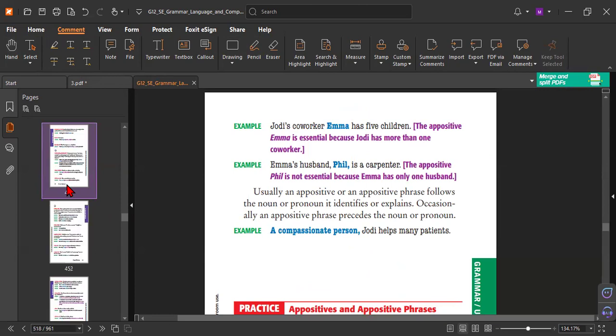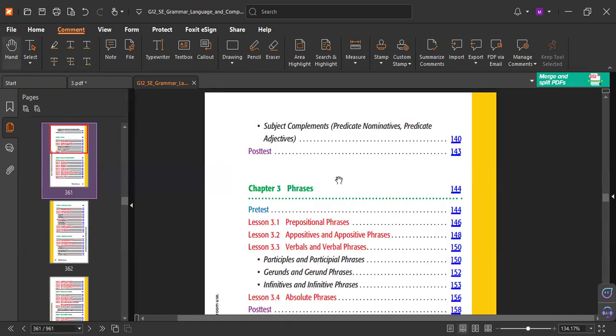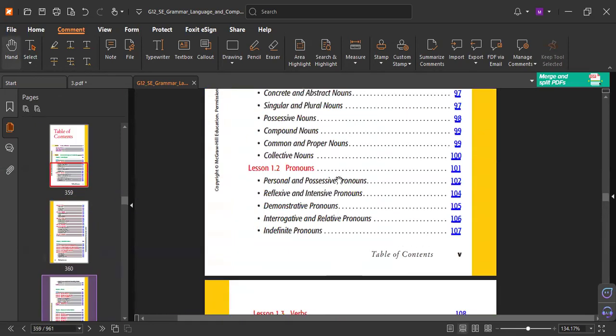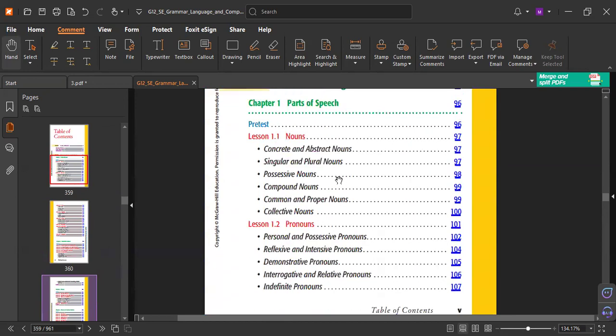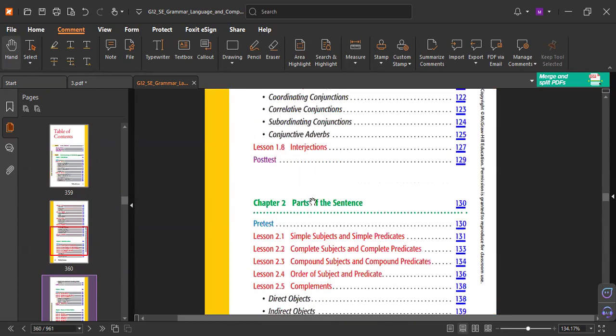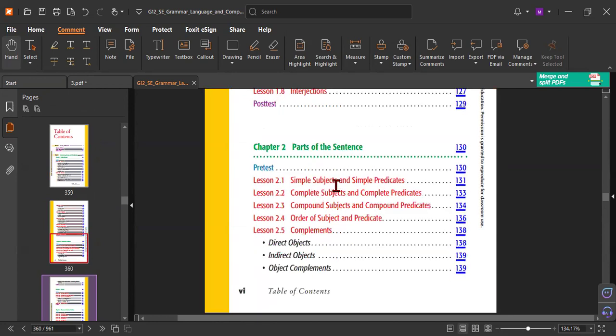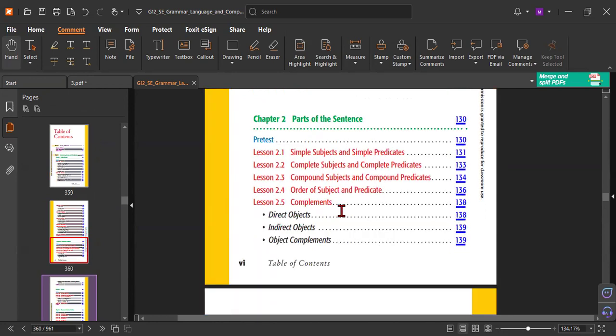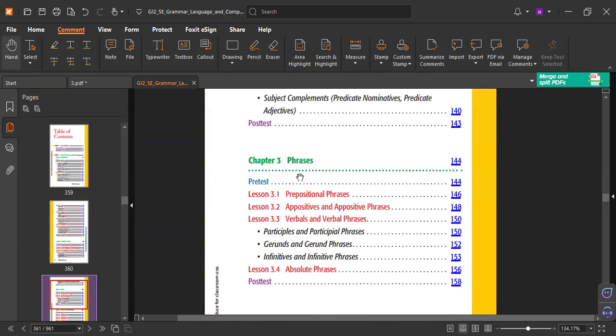You can separate it if you would like, because it's two books. Look, all of these here. So today you should revise by yourself the first chapter about the parts of speech, and then chapter number 2, as we did today, simple subject and complete, and then chapter number 3, unit number 3.